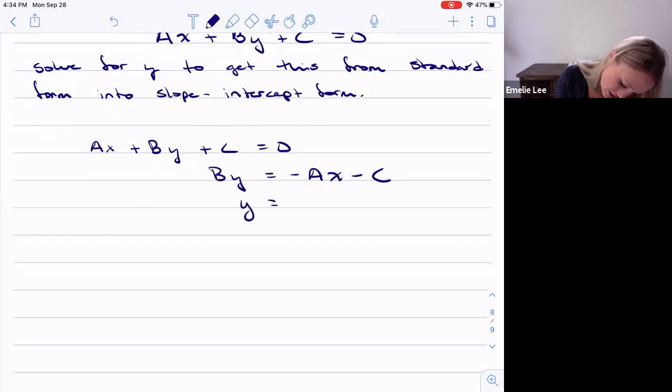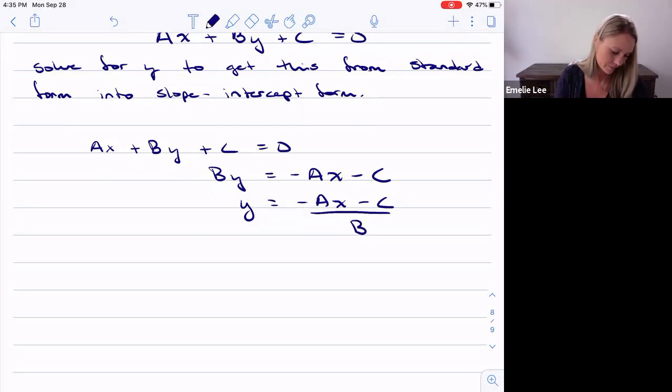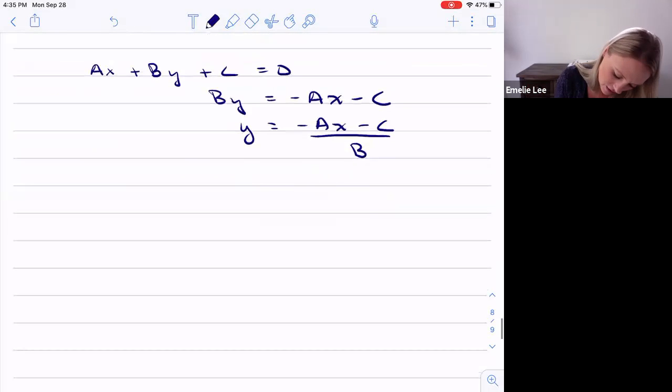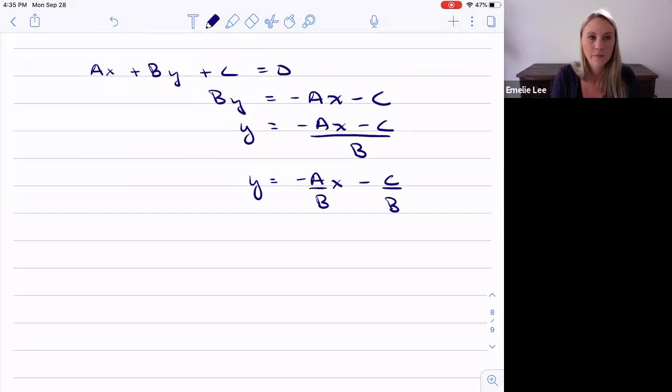So y is going to be negative ax minus c over b. I'm allowed to break this up, right? Break up the denominator. So I have negative a over b times x minus c over b. I'm allowed to do that. With that common denominator, I'm allowed to break them up.